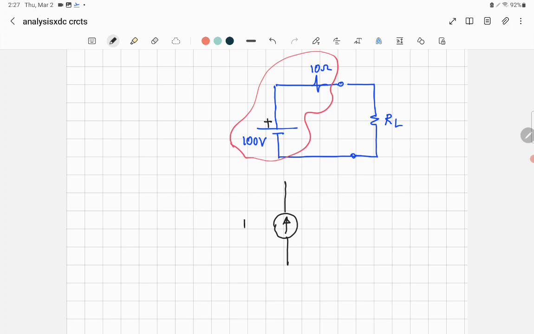What is the value of the current? You divide the value of the voltage supply, 100 volt, by the resistance, which is 10 ohm. That's equal to 10 amp. So this current source is equal to 10 amp, and you connect it in parallel with the resistance, which was connected in series with the voltage source, 10 ohm. You are done with the conversion.